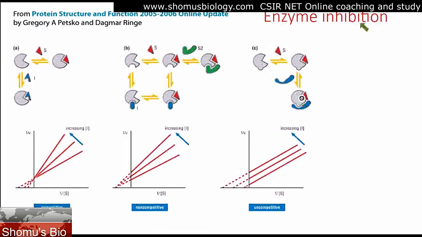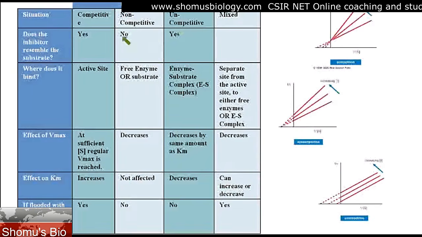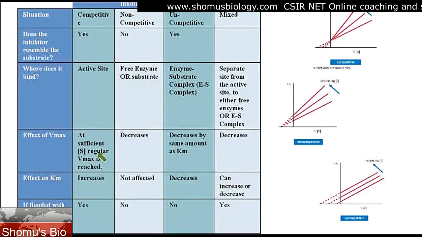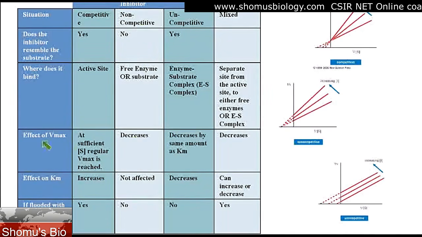So in these three separate cases, in competitive inhibition Vmax can be reached at very high substrate concentration and Km increases. In non-competitive inhibition Vmax decreases, in uncompetitive Vmax also decreases, but Km decreases in uncompetitive and is unaffected in non-competitive.